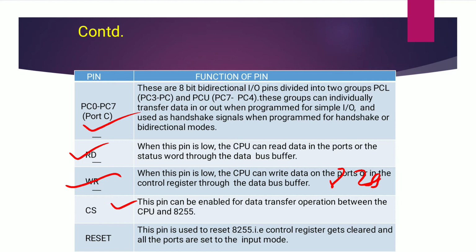It is connected to the decoded address, and A0 to A7 are connected to the microprocessor address lines. Next one is reset. This is an active high signal. It clears the control register and sets all ports in the input mode.